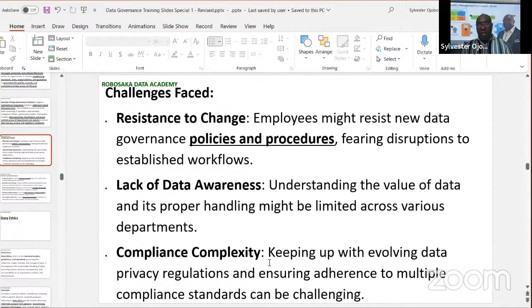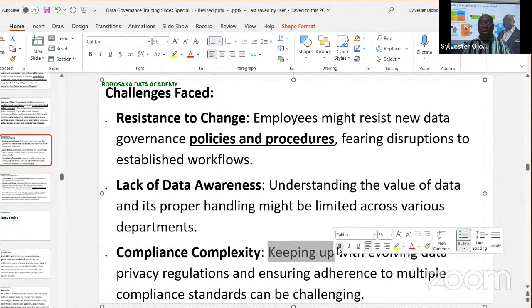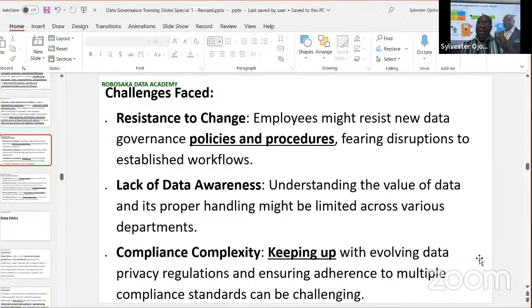Compliance complexity. Keeping up with evolving data privacy regulations, and ensuring adherence to multiple compliance standards can be very challenging. So what can you do to mitigate against this complexity of compliance?